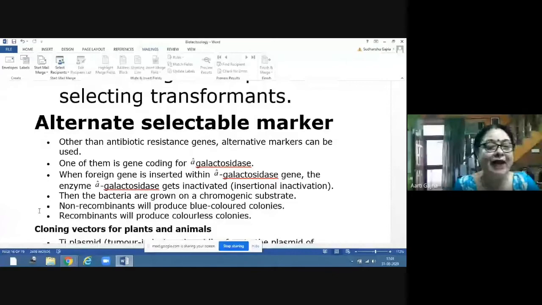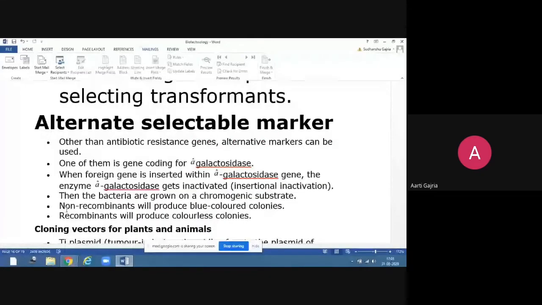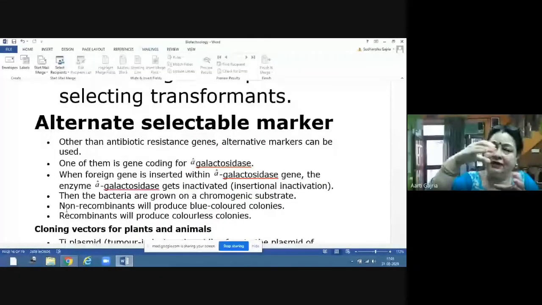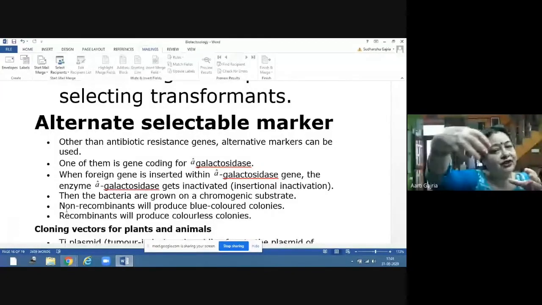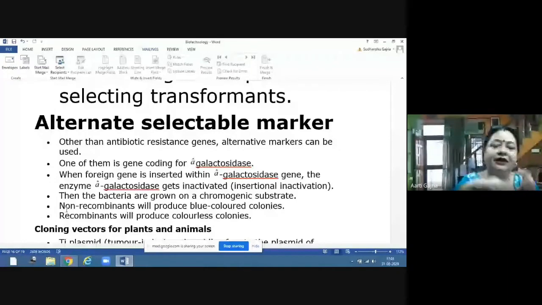With the insertion of the foreign gene, the enzyme which was previously produced by the gene will not be produced, it will get inactivated.